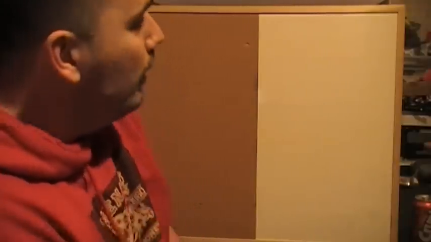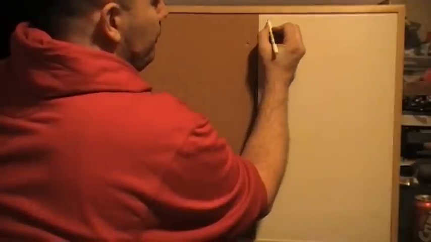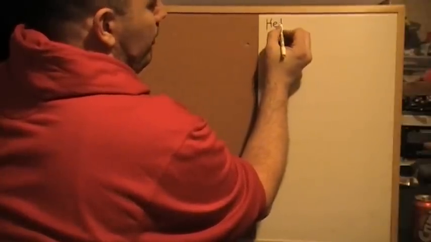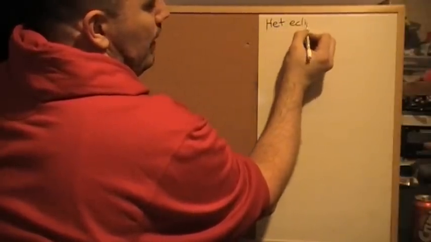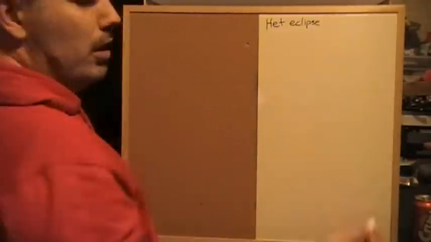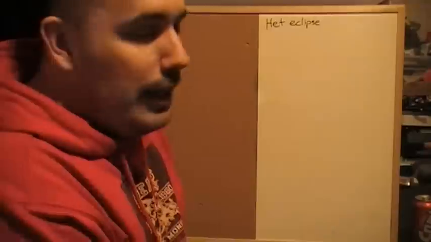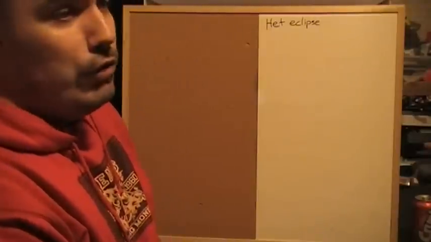But let's go over something one more time. Let's get off bell a little bit. Let's go into eclipse. We're not going to get into multiple gene animals right now. I need my bigger board for that, and I don't want to confuse people.